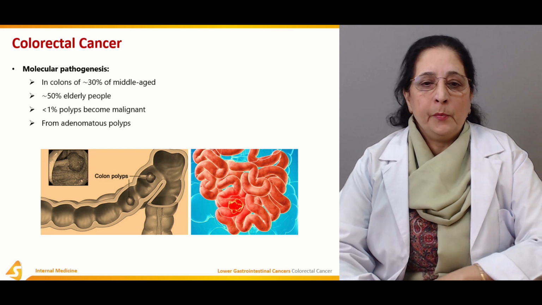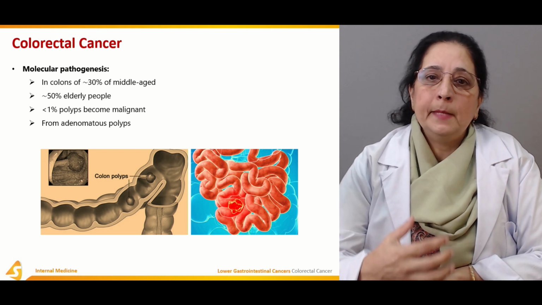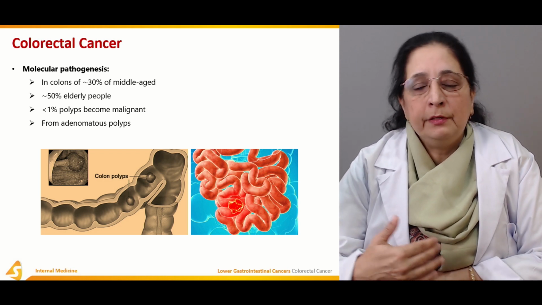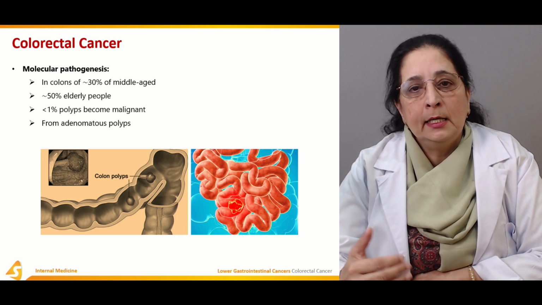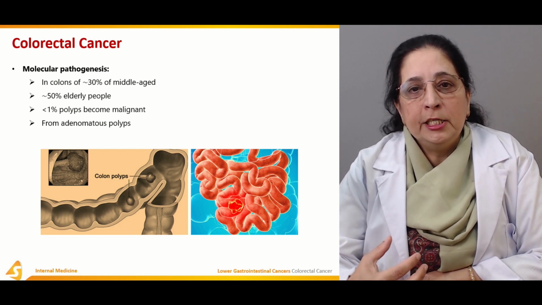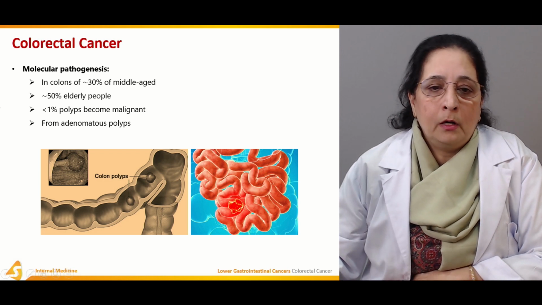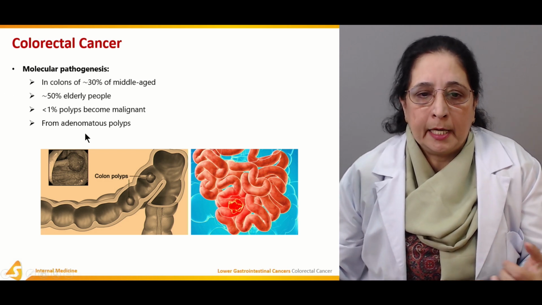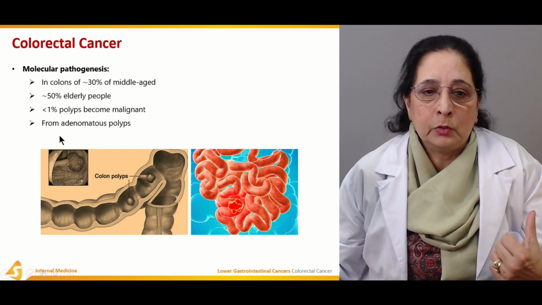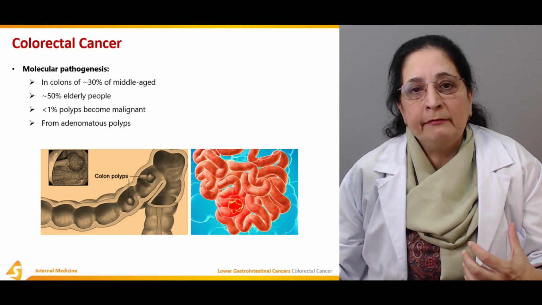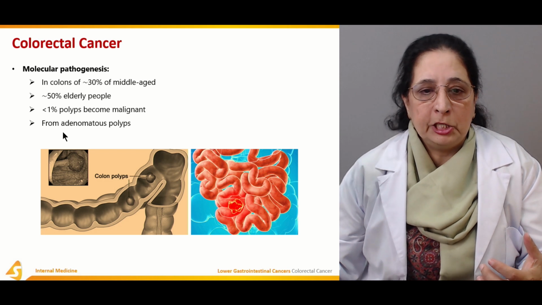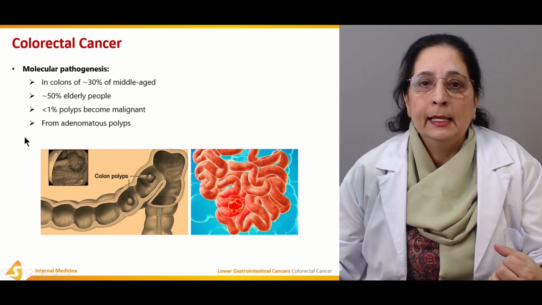These polyps have the ability to become malignant, mainly the adenomatous polyps. Now, all of you know what adeno is. I keep on repeating this word. Adeno is for the glands.